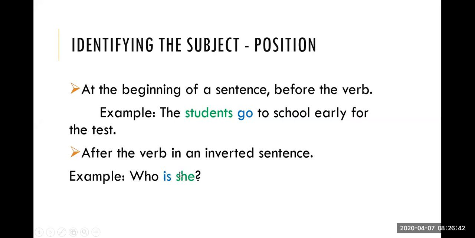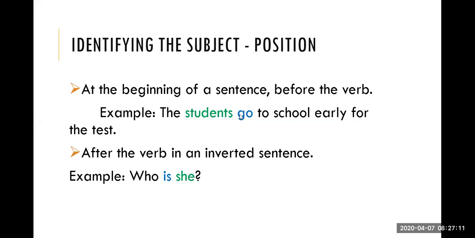The subject is she, and the verb is is, and the word she comes after the verb. This is what we call inverted, which later on you are going to discuss, specifically about inverted subject and verb.